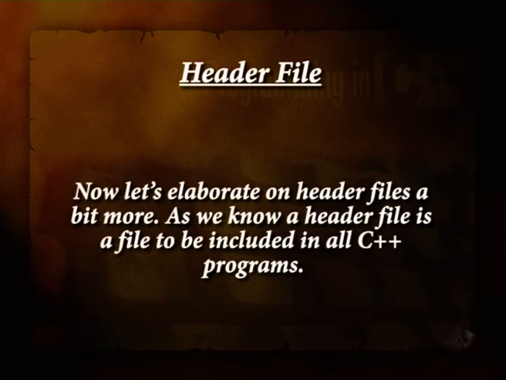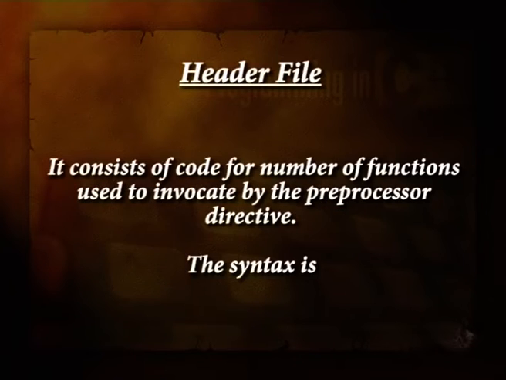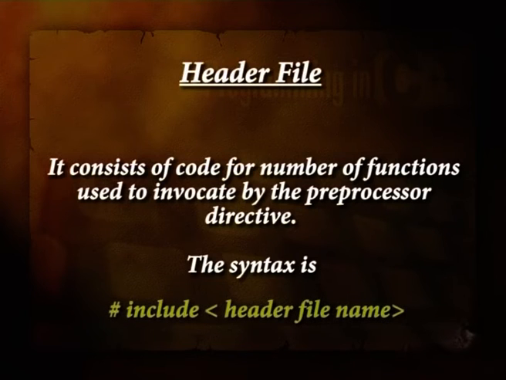Now, let us elaborate on header files a bit more. As we know, a header file is a file to be included in all C++ programs. It consists of code for a number of functions used to invoke it by a preprocessor directive. The syntax is hash include header file name.